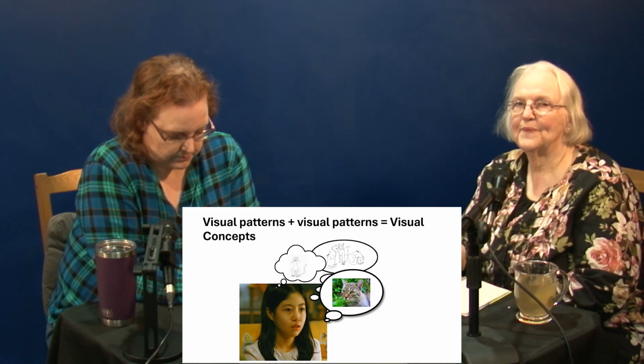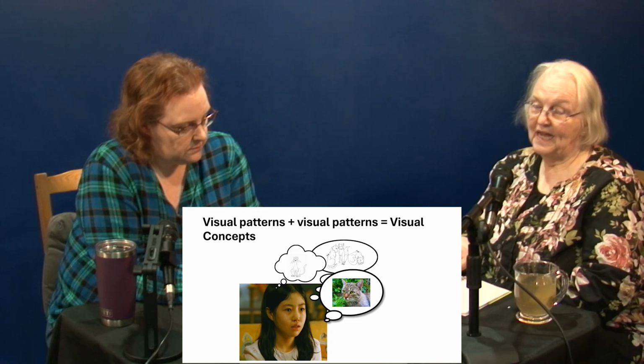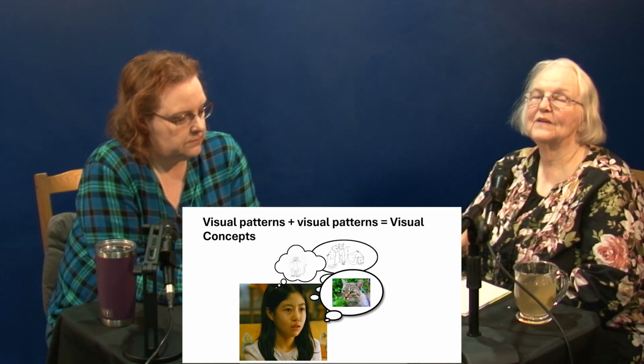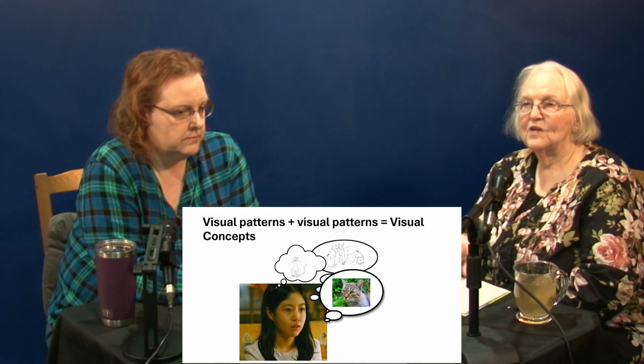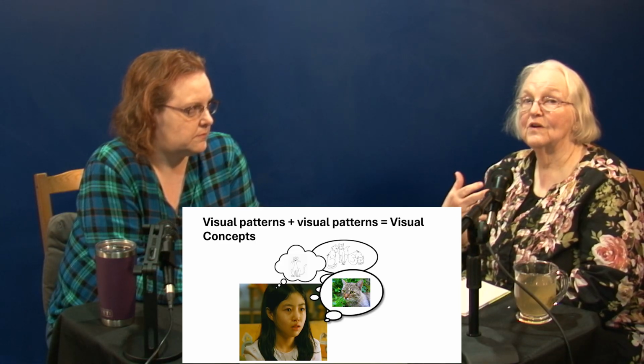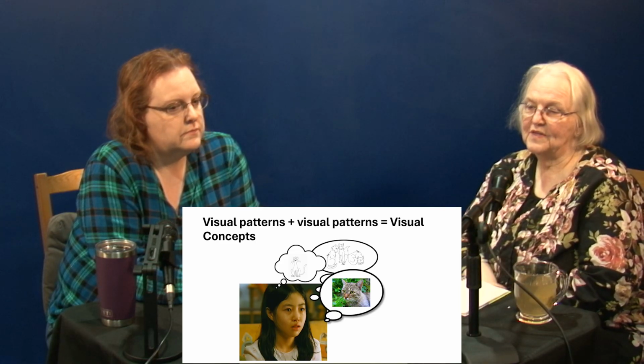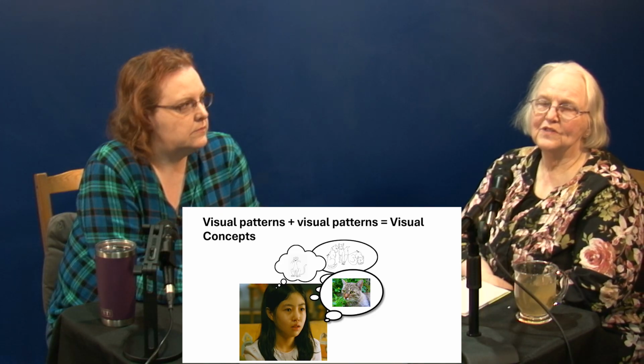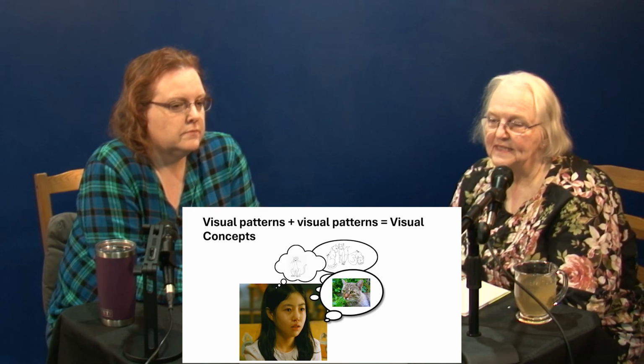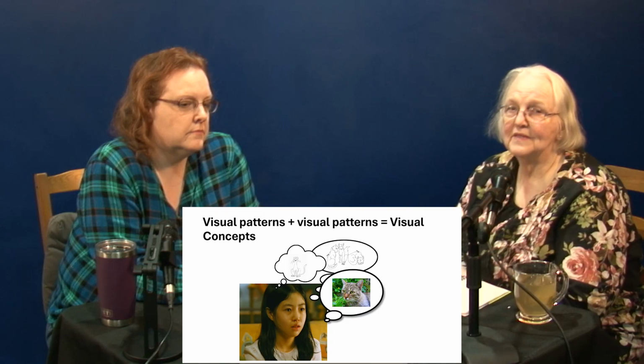Those are visual patterns, and I take those visual patterns and overlap them with other visual patterns, ones I already know, and I put them together and they form visual concepts.